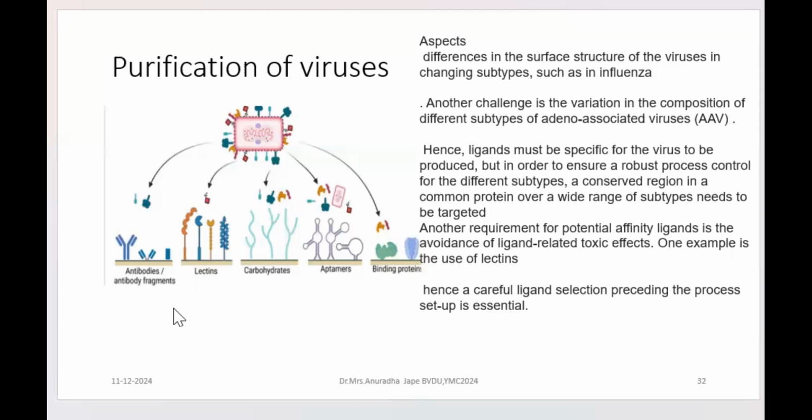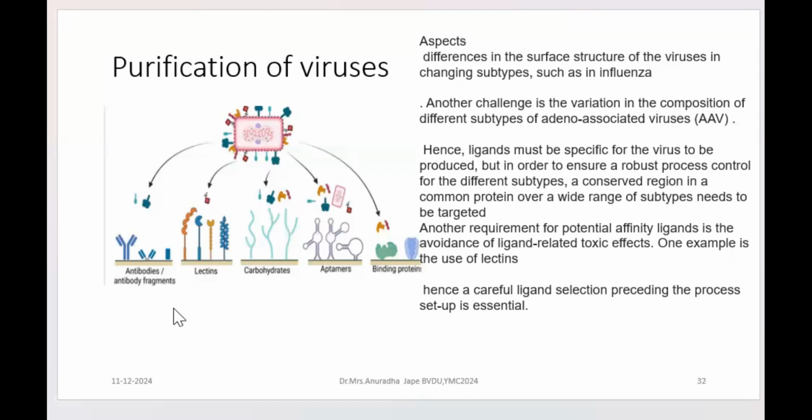But when you are talking about purification, of course, a common thing is that the conserved regions in the common proteins can also be used as a ligand and can be targeted.